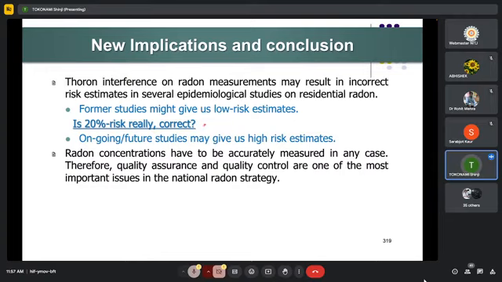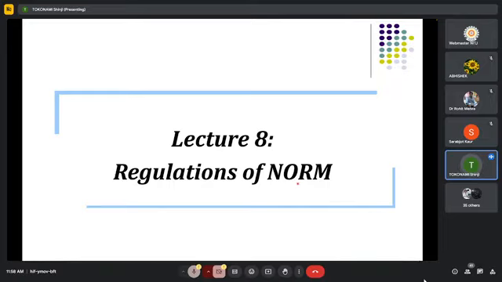This is our question. Future or ongoing studies may give us higher risk estimates. Therefore, radon concentration has to be accurately measured in any case. Quality assurance and quality control are among the most important issues in the national radon strategy. So this is all my talk on this topic.